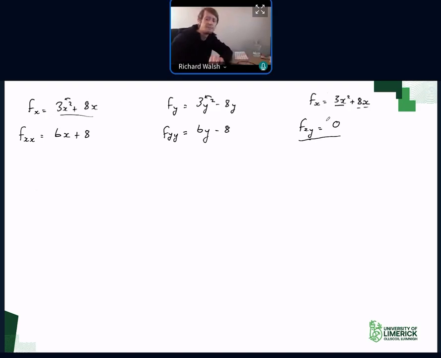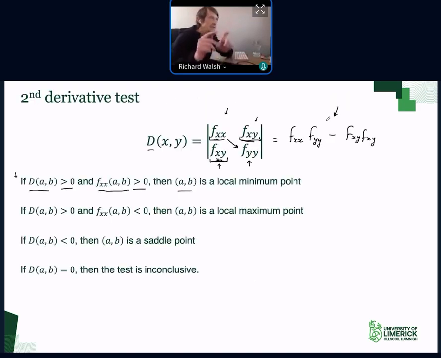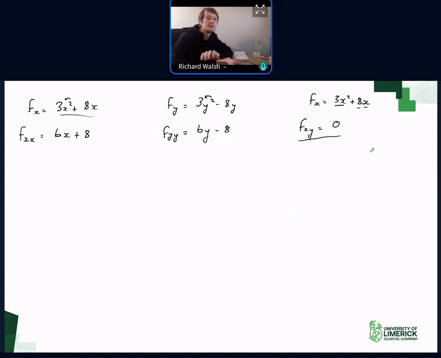Now I'm going to plug them into this D up here. So D at some point is, I'll write it down just for the sake of it, f_xx times f_yy minus the mixed partial squared.